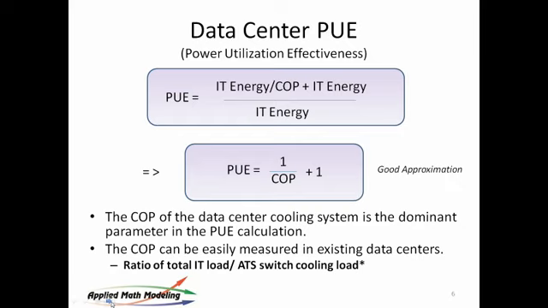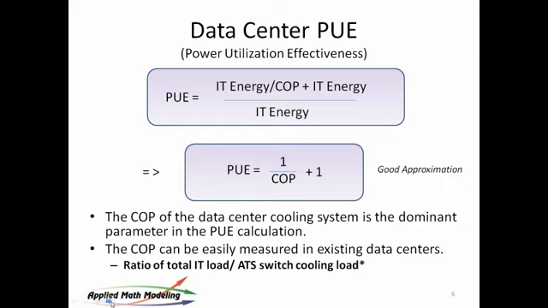It only takes 1 kilowatt of electricity to pump 4 kilowatts of heat out of the room. That would be a good COP. And therefore, 1/4 plus 1 is 1.25, and that's a good PUE. So it's a fairly easy way to calculate PUE and to think about it.